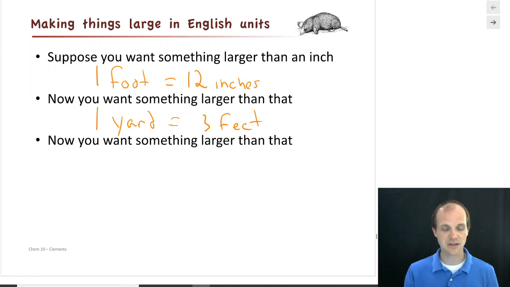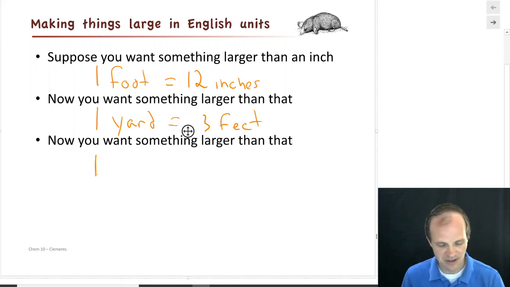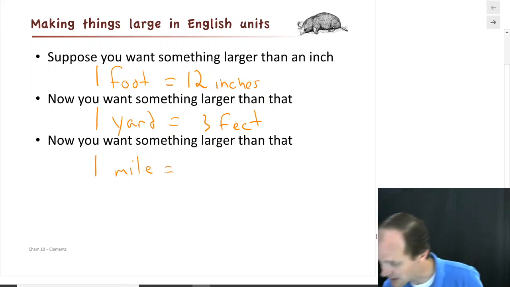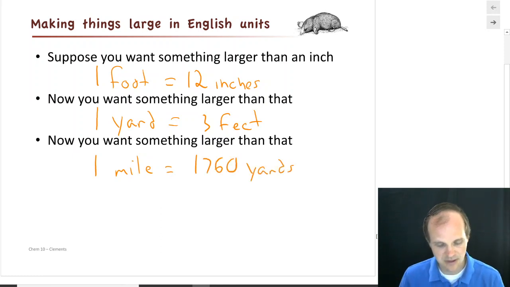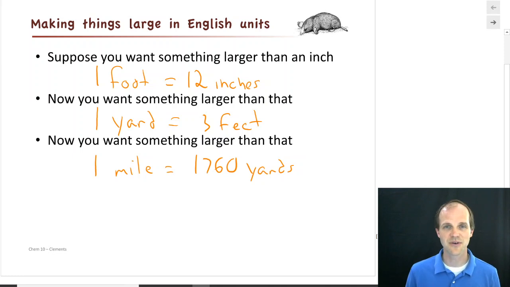Now, if you want something larger than a yard, wouldn't it make sense to have something that was somewhere between 3 and 12 bigger? No, right? Because from a yard, we go to a mile. And a mile in yards, I always have to look up this number, is 1,760 yards. I mean, these numbers are fairly random looking.